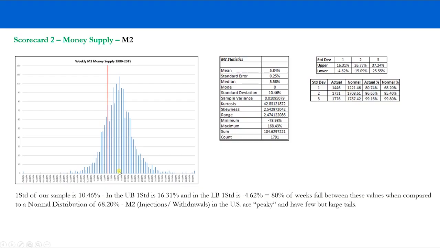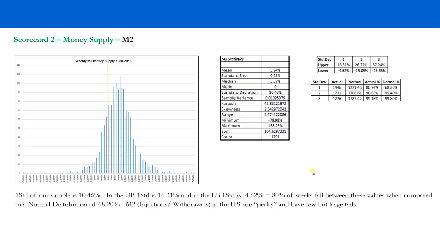And then occasionally there's huge increases and huge decreases. And it means that the values in between this normal area and the extreme positive and extreme negative areas are very few when compared to a normal distribution.